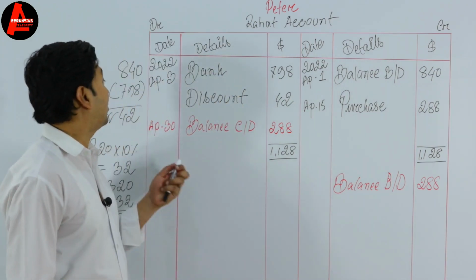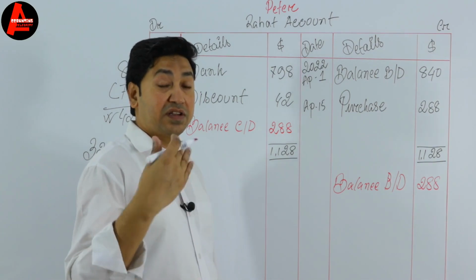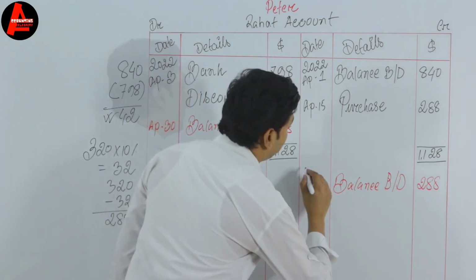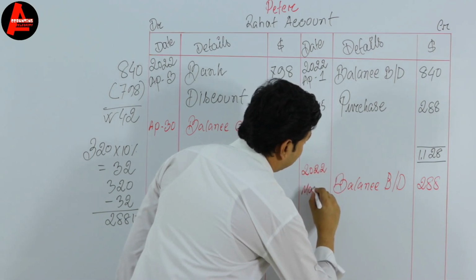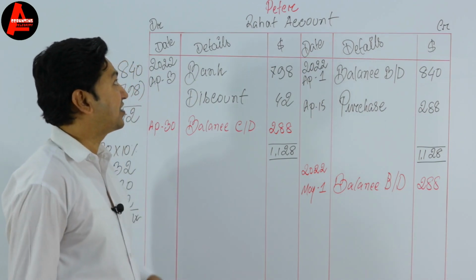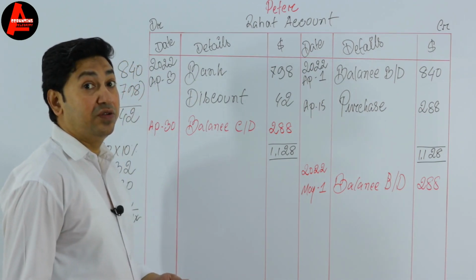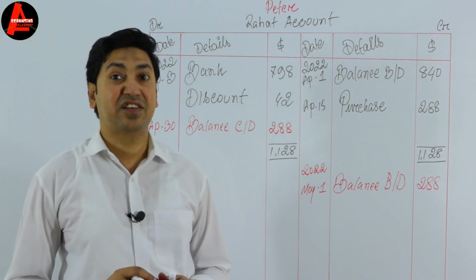We are doing April, so the next month is May and the first day is 1. So we write May 1. This is how we need to prepare the supplier ledger if it is a requirement in the question.